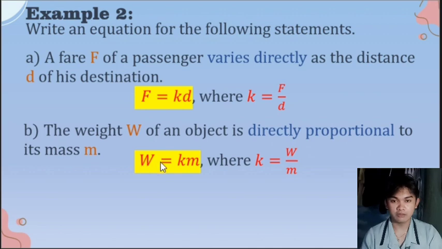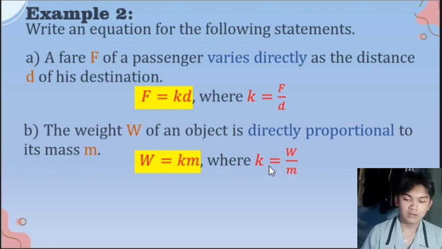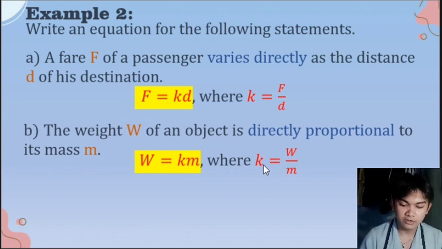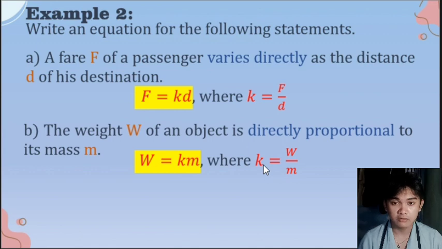So W is equal to k, our constant, times m, the variable after this statement. W is equal to km is the equation for this statement, where k is equal to W over m. We can get the constant for this statement by using this formula.